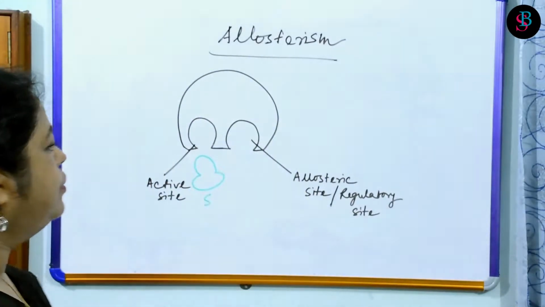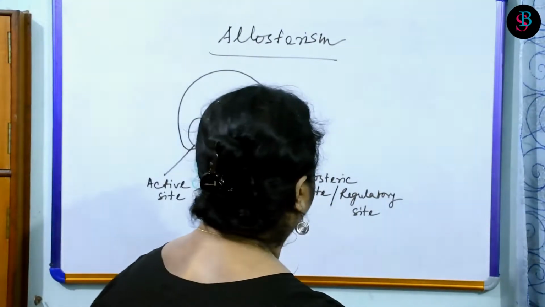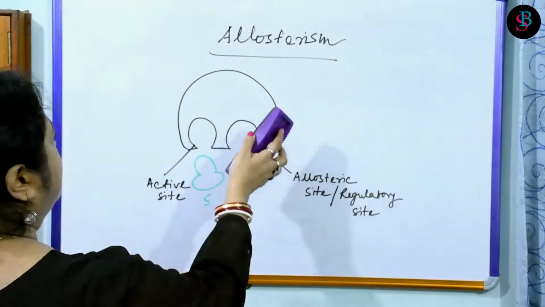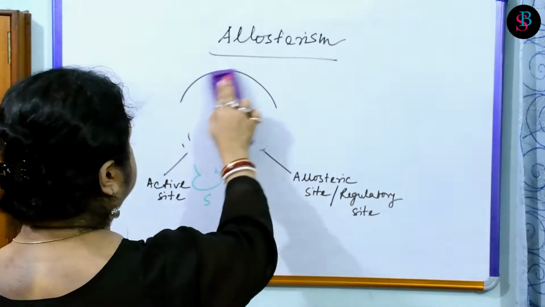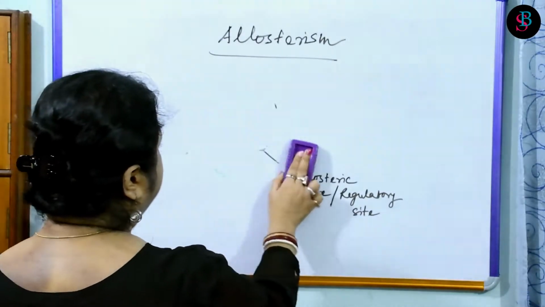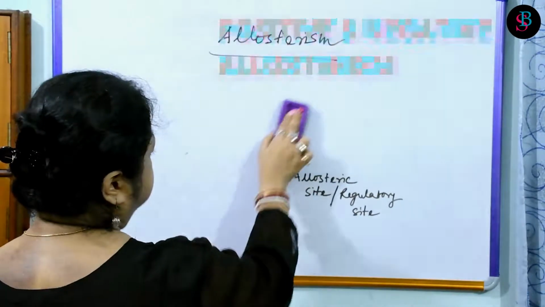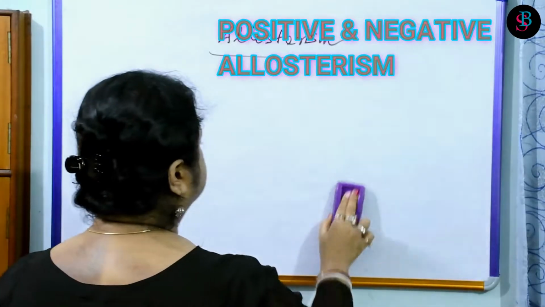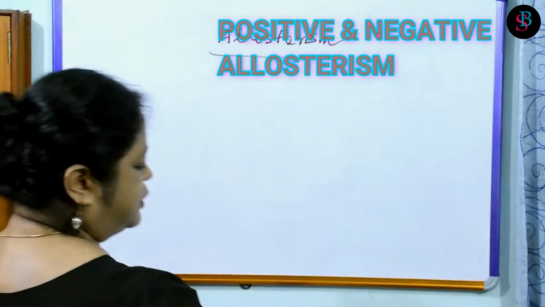Okay, so now giving you the types of this. So allosteric modulation or allosterism can be of two kinds. One is positive allosterism and another is negative allosterism. Okay, so positive allosterism. What is positive allosterism?